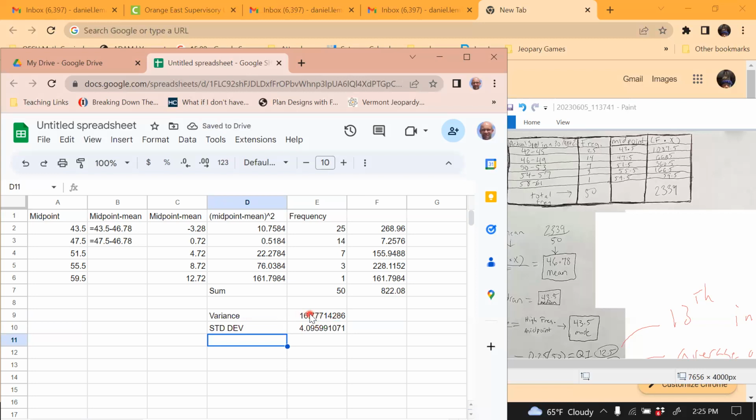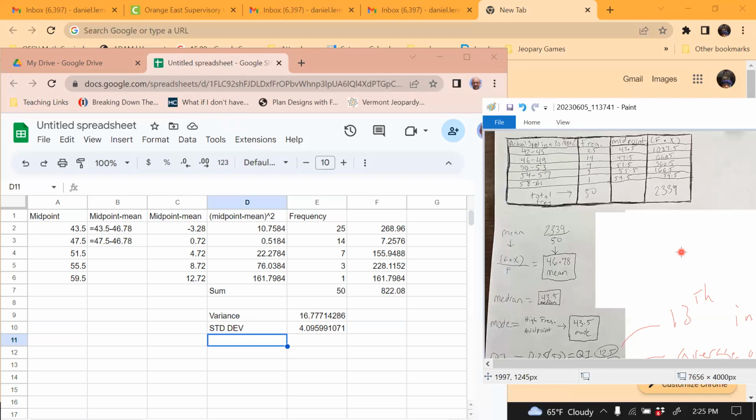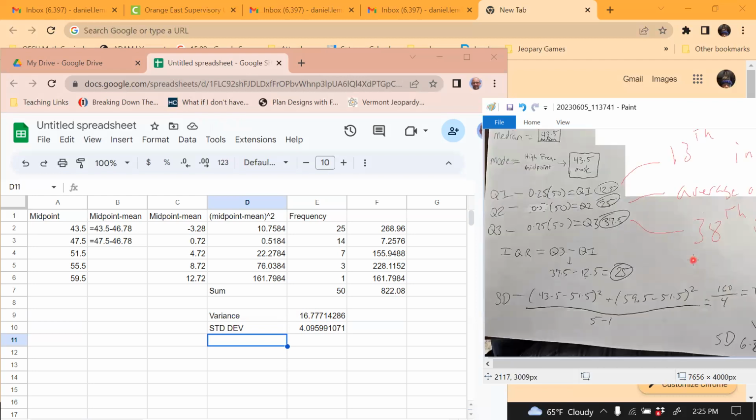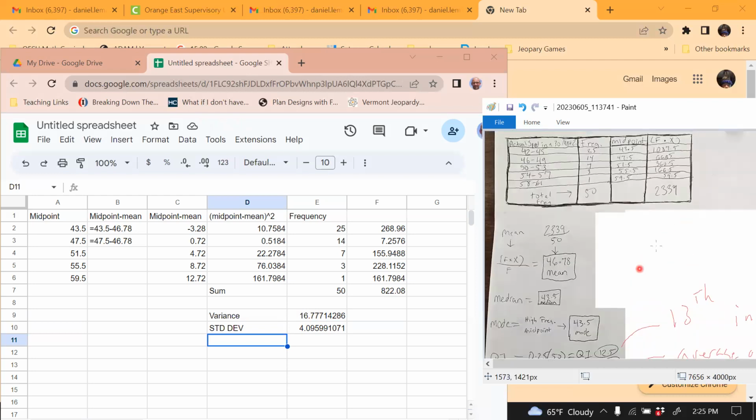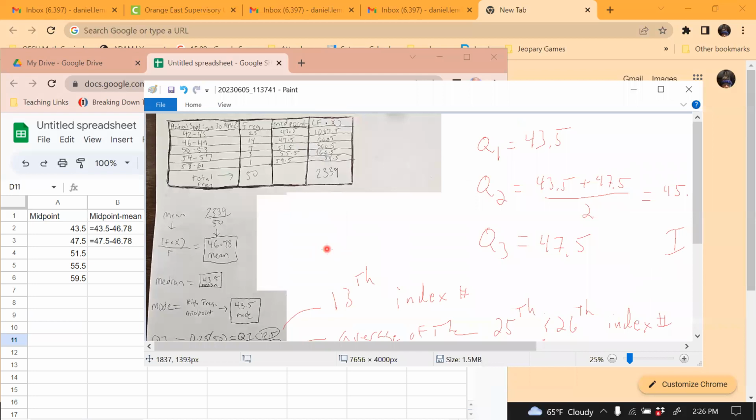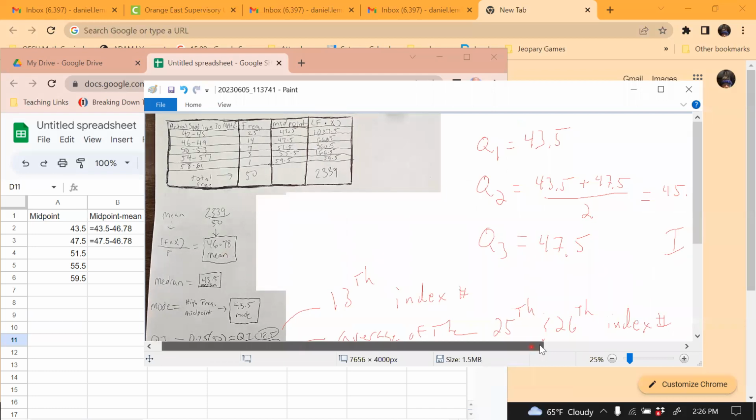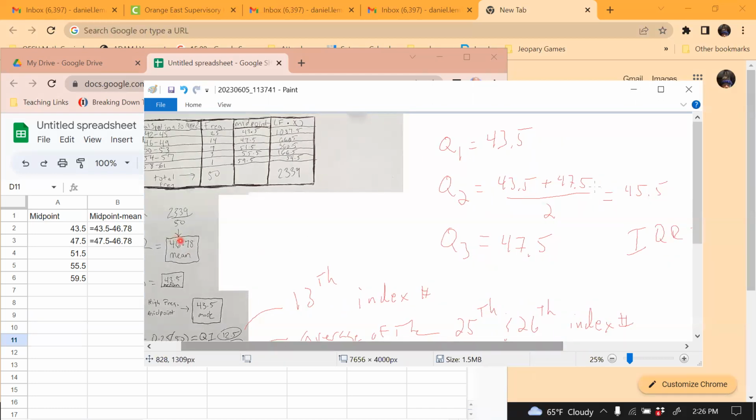Other than that, just to get you ready for the quiz, we do see a right skewed distribution. I cut out your histogram. It's right skewed, and the mean is greater than the median. There's the mean and there's the median.